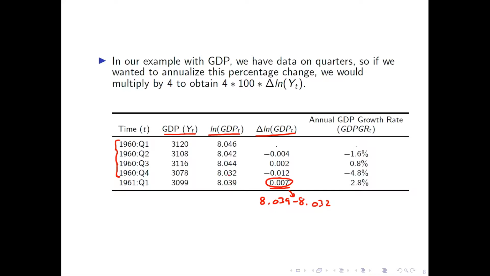So this is just the first difference of the logarithmic transform of GDP at time 1961 quarter 1 minus the logarithmic transform of y at 1960 quarter 4. And this means that if we take the first difference in the logarithm times 100 to get percentages, then we would get the returns for 1 quarter.